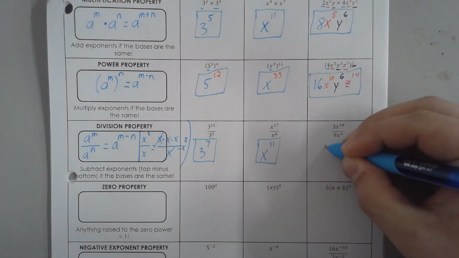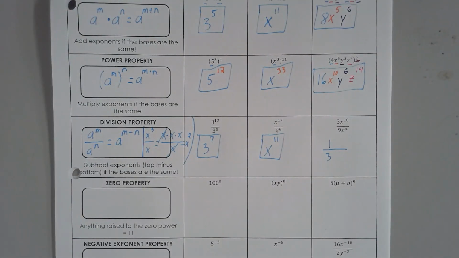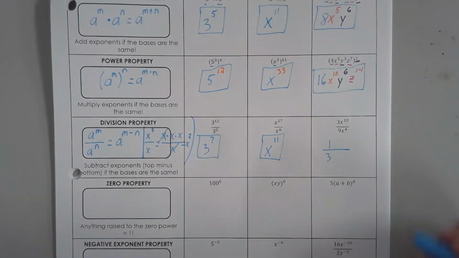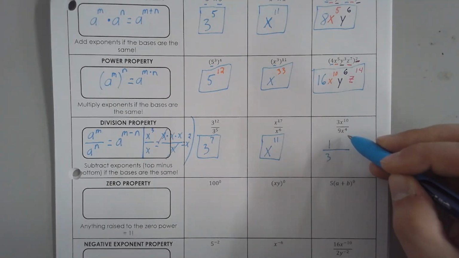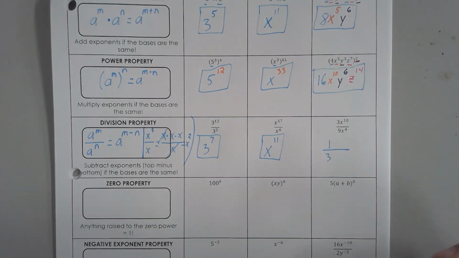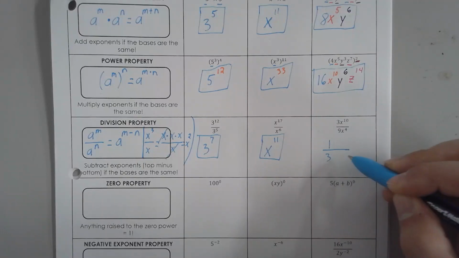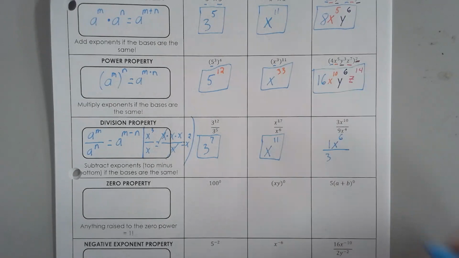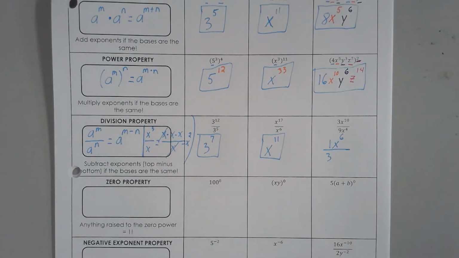But it's really 1/3, like when you simplify it. So we get 1/3. And then we've got 10 x's on top and 4 x's in the bottom. So how many are we going to be left with? 6. Now are those 6 going to be in the numerator or in the denominator? In the numerator. Good. Because the 4 on the bottom, they got canceled out. So we're left with just the 6 on top.